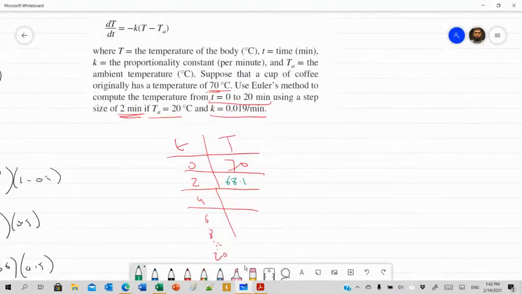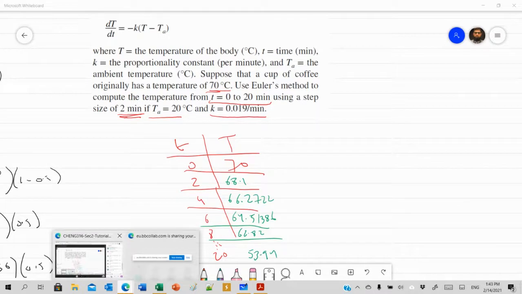So 68.1, then 66.2722 at 6. I found 64.51386 at 8, 62.82 at 10, and at 20, 53.94.